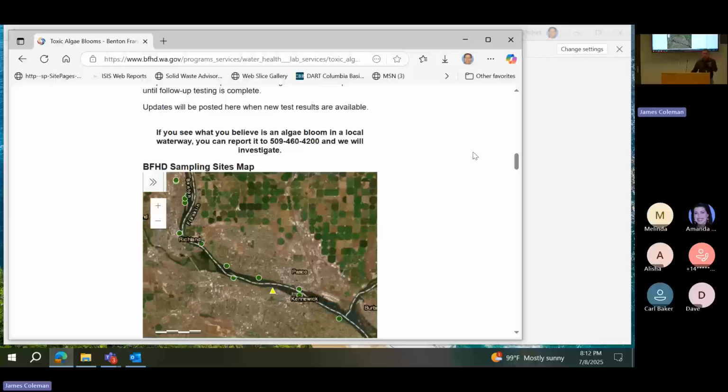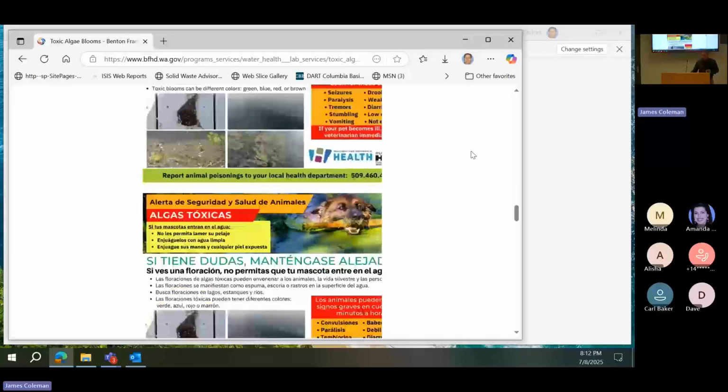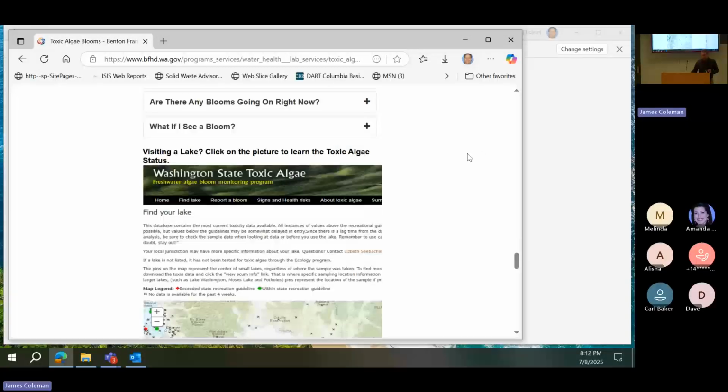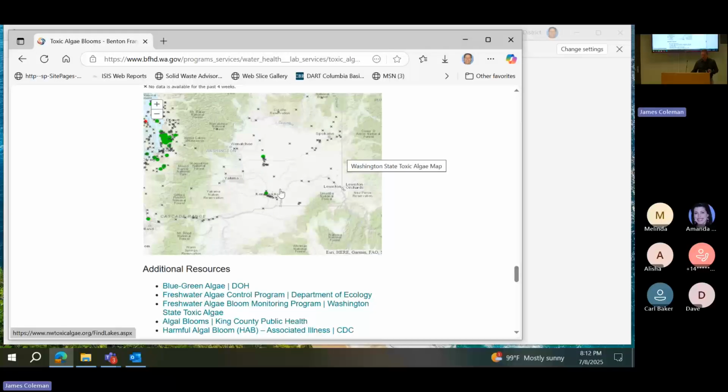If you go elsewhere in the state, you can scroll down to here, and this is a statewide map.